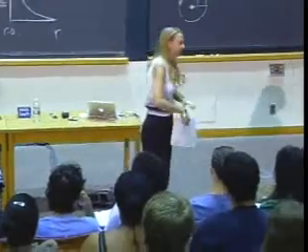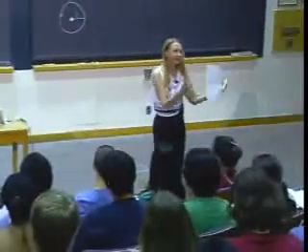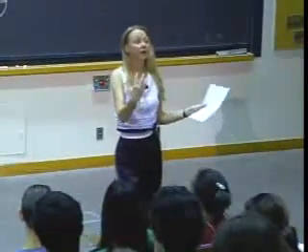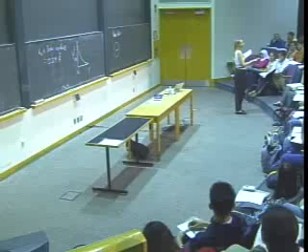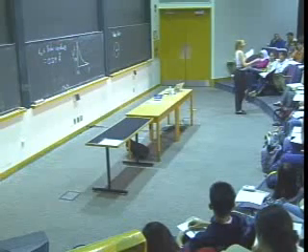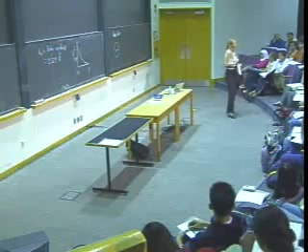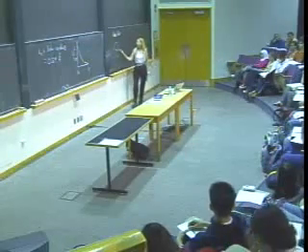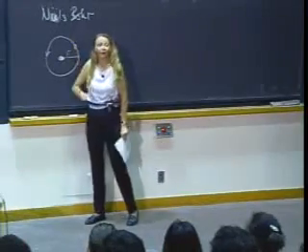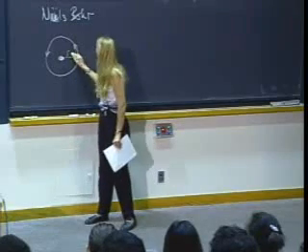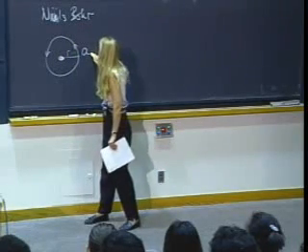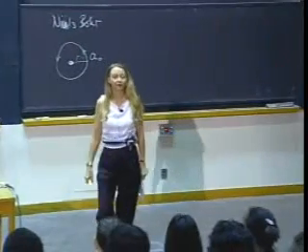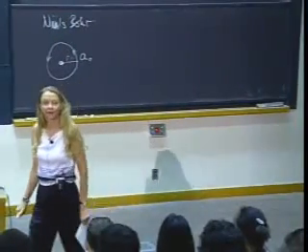He took a classical model and pasted some quantum mechanical ideas onto the system. And when he did that, the value of r at which the electron was going around the nucleus ended up being what we call the Bohr radius, this value of a naught.